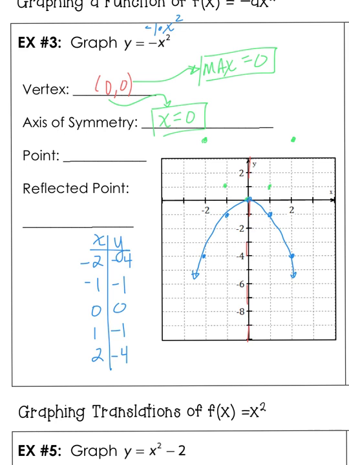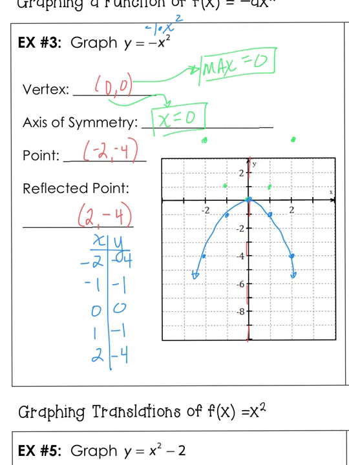So then you can choose any point you want to. I'm going to choose this point right here, (-2, -4). And its reflected point is directly across the y-axis to here, (2, -4). Domain and range.